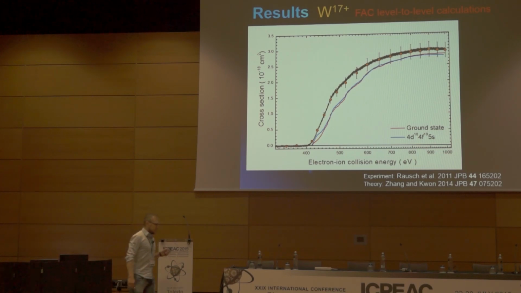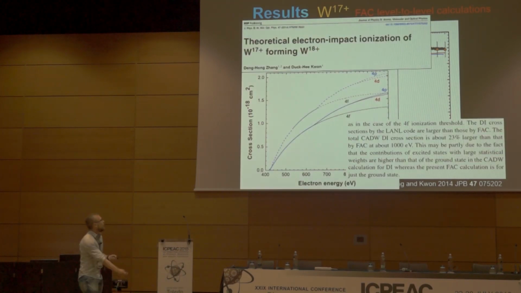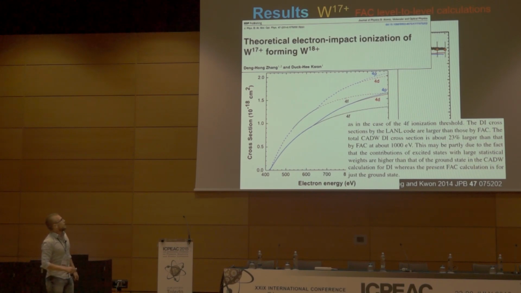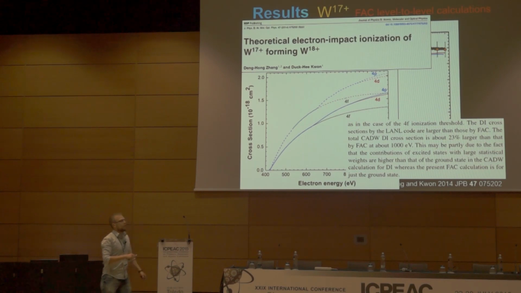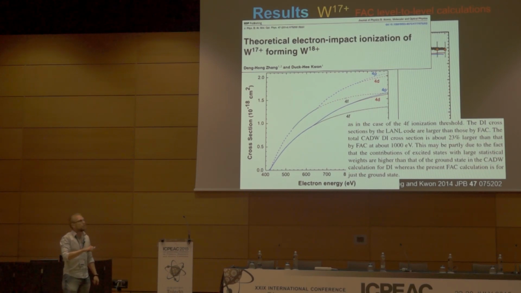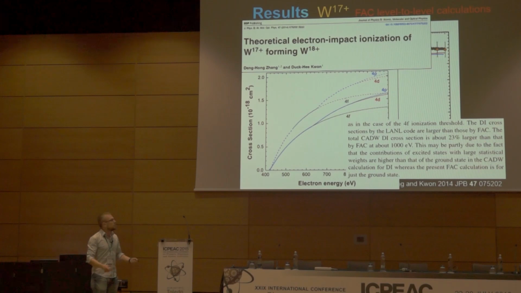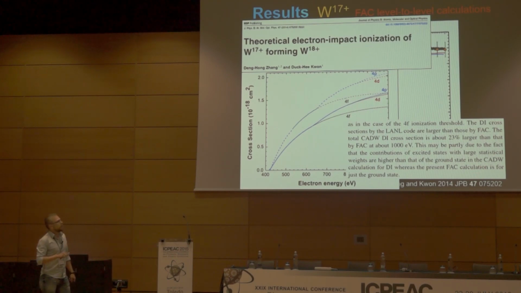There's one issue which they have noticed, and I think it is quite important. What they have found is that the direct ionization cross-sections calculated using the configuration average distorted wave method, which the one they have used was implemented in the London atomic physics code, and the cross-sections calculated using the FAC atomic code, also within a level-to-level approach, also distorted wave, differ by about 20%.